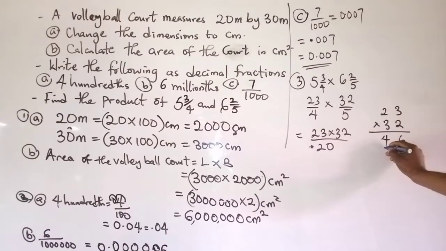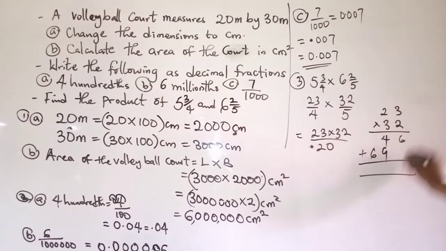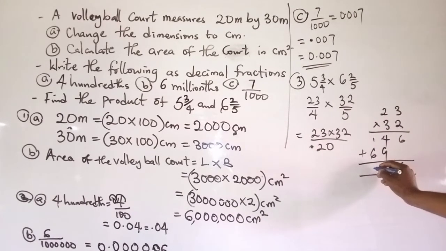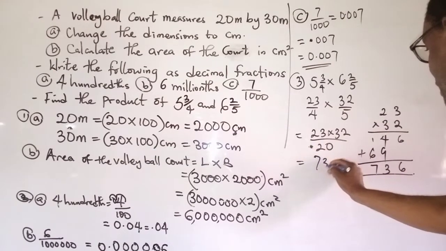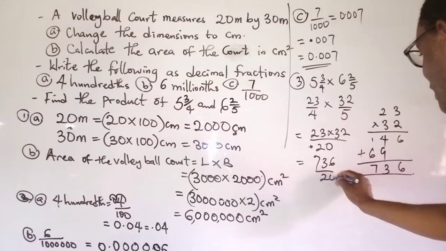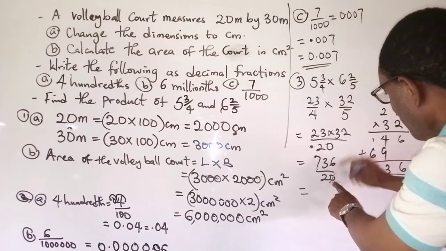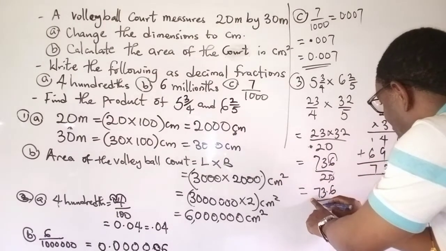Then take this 9, 6 again. We add them together. We have 6, 13, carry 1. Then we have 7. So this value is 736 divided by 20. Now I can move this point to take away a zero. I will move it once, so I will have 73.6 divided by 2.